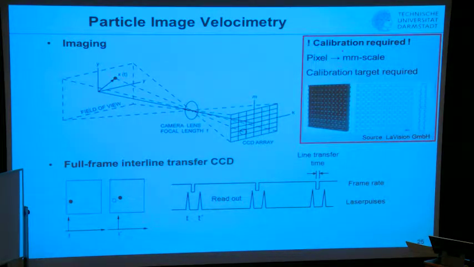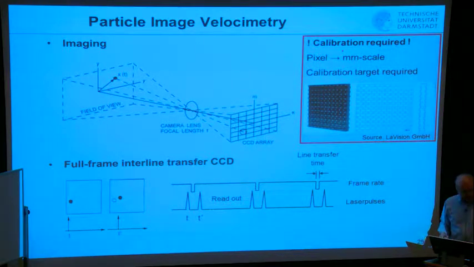Okay, so that is shown here. Once again, here is your field of view. Then you have an imaging system, a lens, that brings this particle image onto your CCD, where you have the discretization and the recording. It's very important in PIV that you very thoroughly do the calibration.